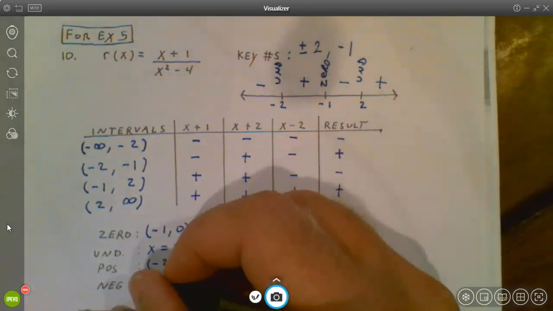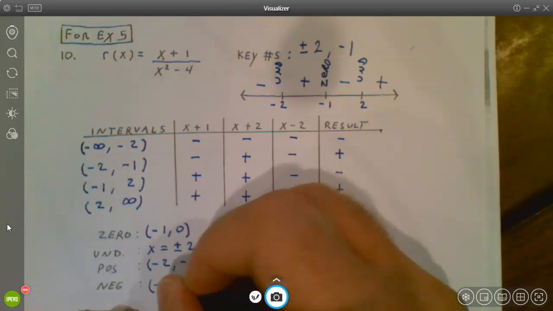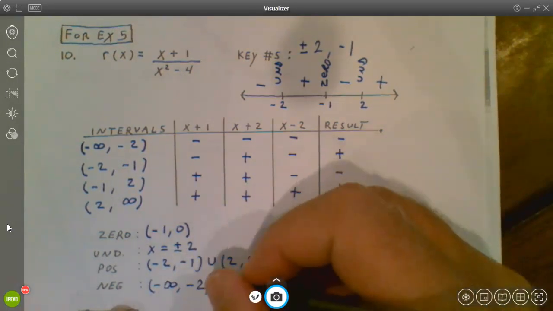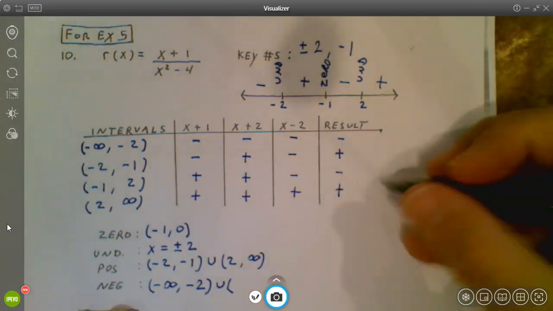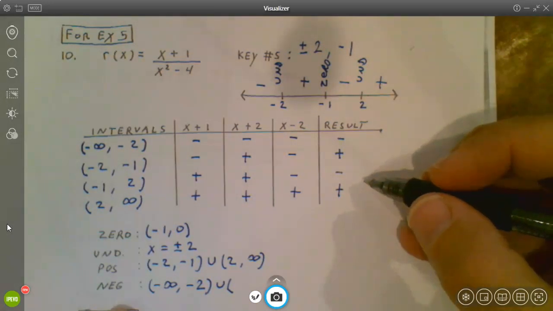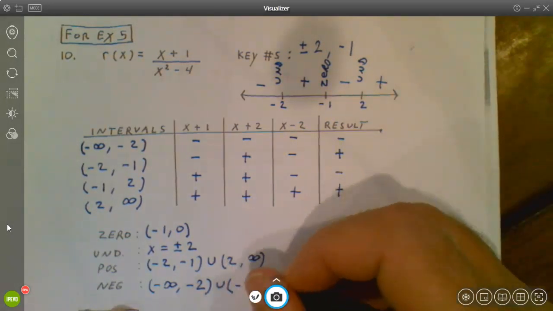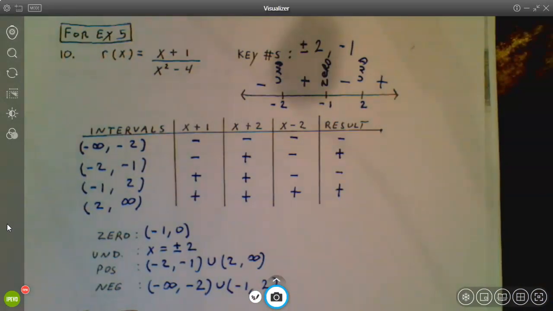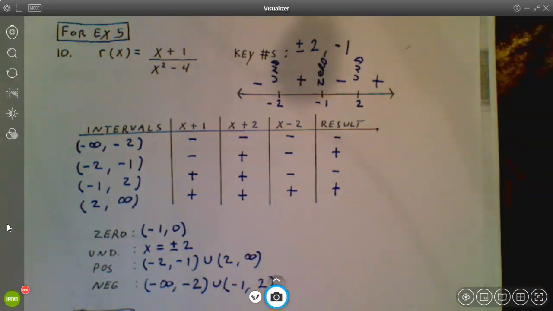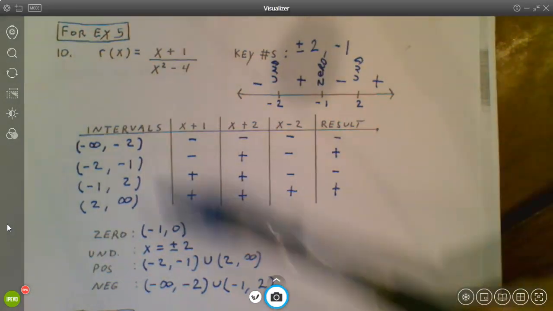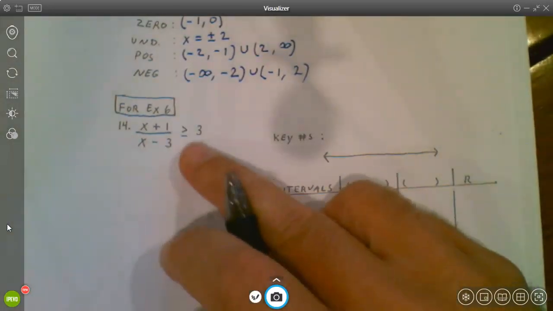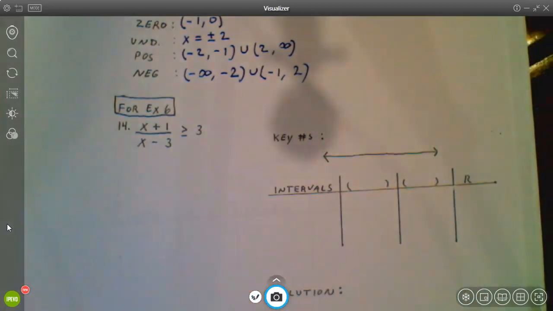So from -infinity to -2, along with -1 to +2. So that's kind of all the legwork for all of this. We'll then be using all of this in the final lesson next time to go on to actually solve these type of inequalities. But that is it for this one.